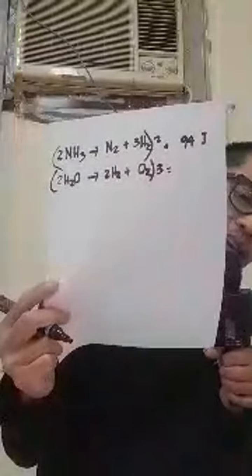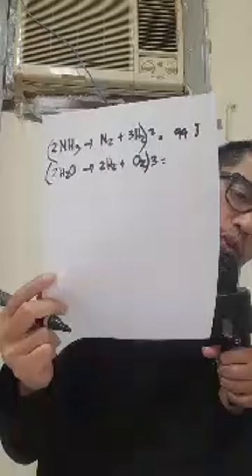If you multiply by 3, the 572 joules, the enthalpy change of this reaction, is also multiplied by 3. So 572 times 3 is 1716 joules.